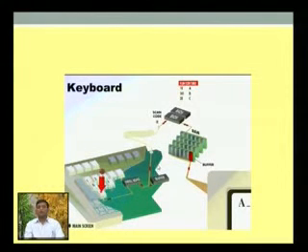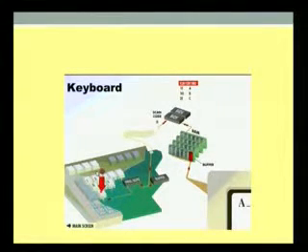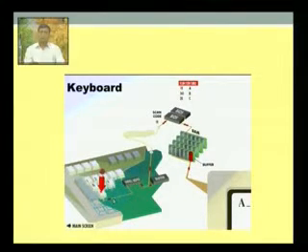Now this is a layout of the keyboard: when we press any key, what process is followed, what happens, and how it displays the output. So this is the whole process. Here our keys are there.